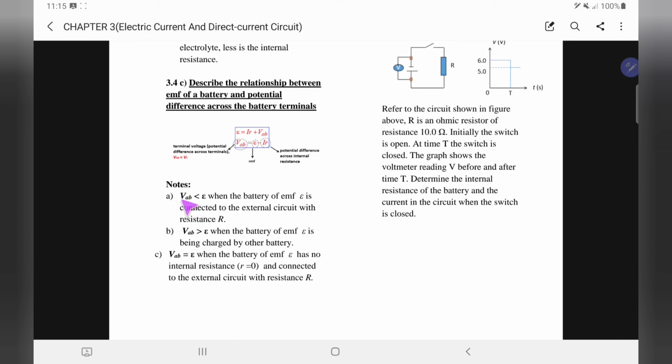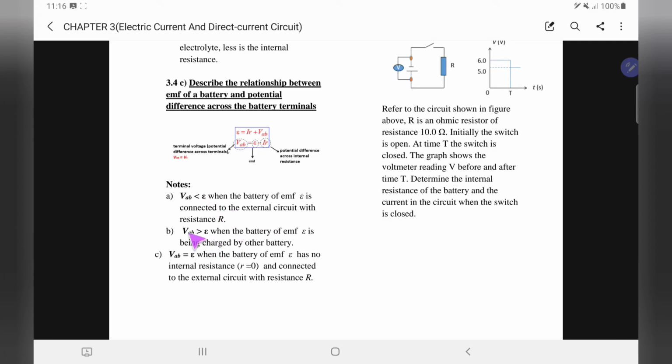So the terminal voltage is smaller than EMF when the battery of EMF is connected to the external circuit with resistance R, of course, because this resistance gives the potential drop by the external resistance, which is our terminal voltage. So the terminal voltage is normally smaller than EMF.